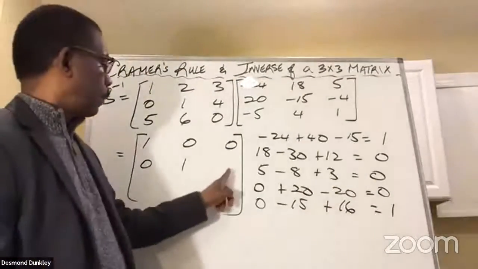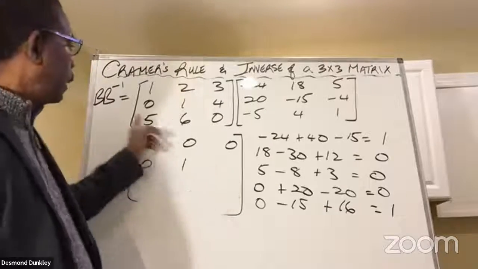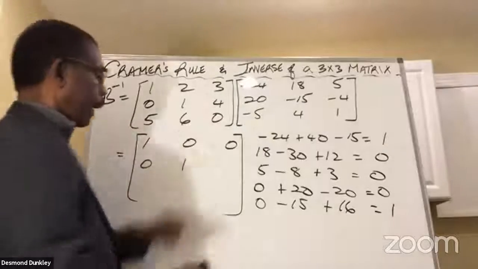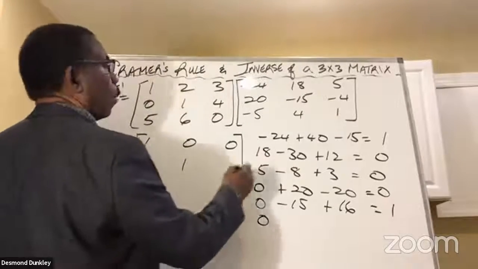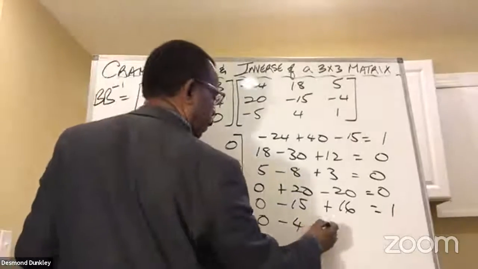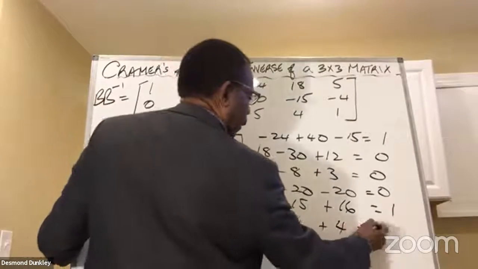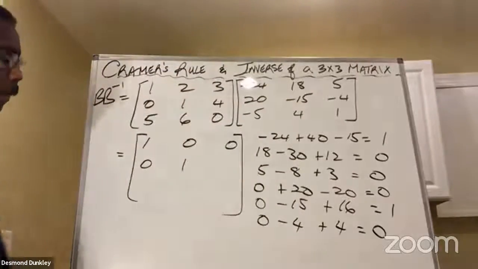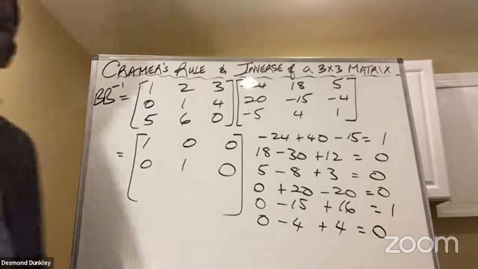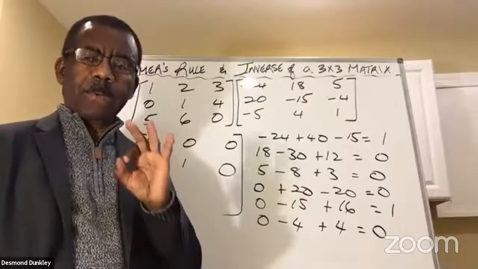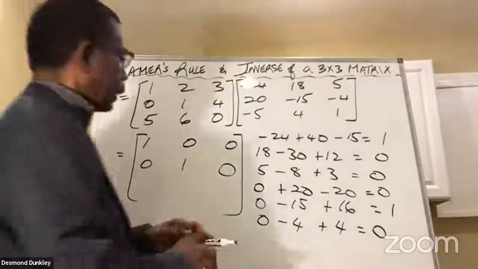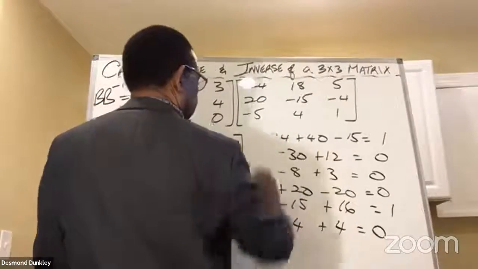So we're going to go to 2, 3, second row, third column. 0 times 5, 0. 1 times negative 4, negative 4. 4 times 1, 4. See, that gives us 0. So 6 out of 9, and all 6 are perfect. 3 to go. Okay, so let's erase and make some space.